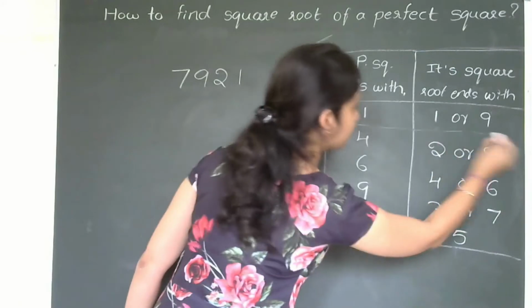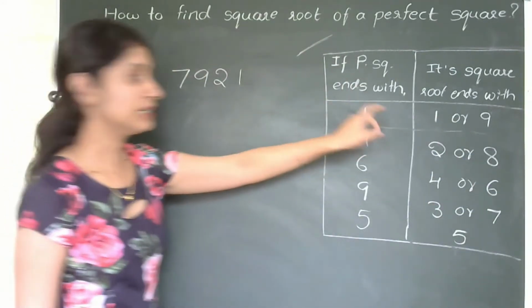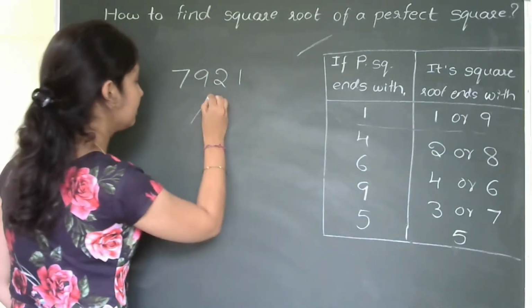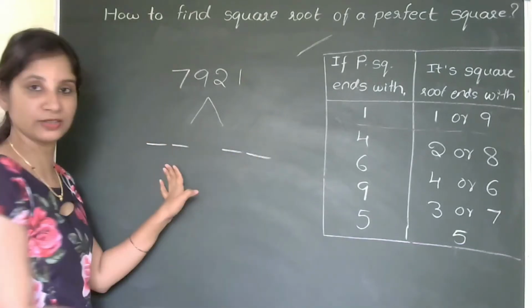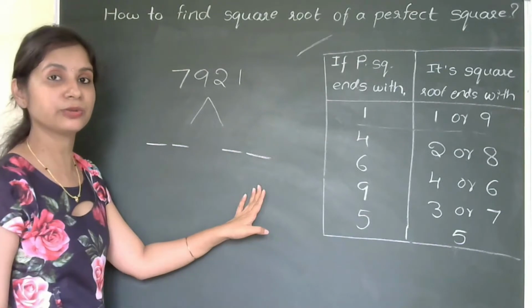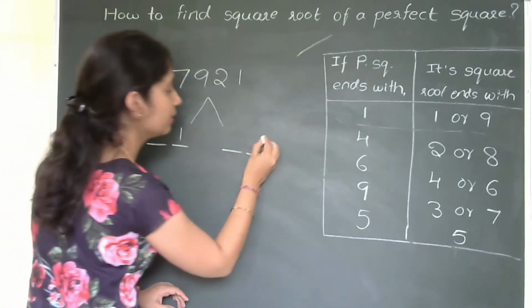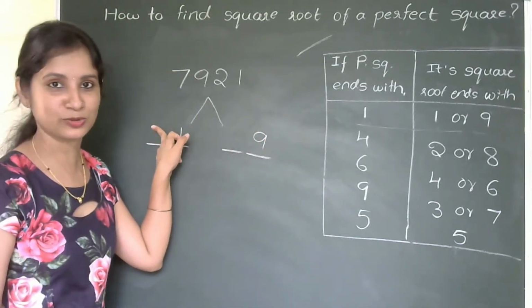Now we got 1 in the unit place, so its square root will end with 1 or 9. I will write it like this: there will be 2 digits, and these are the options. I will get 2 options and then I need to find the correct answer from those. Either it ends with 1 or 9, but I need to find the tens place value also.